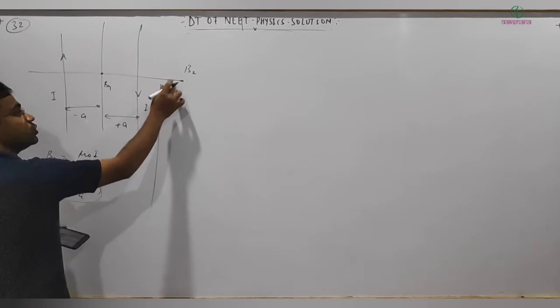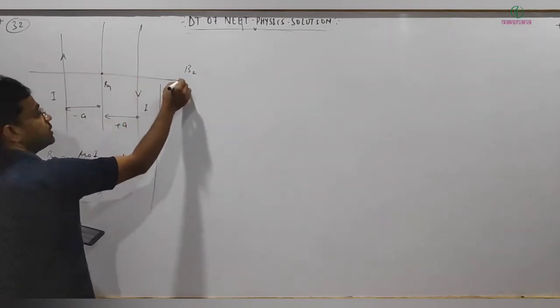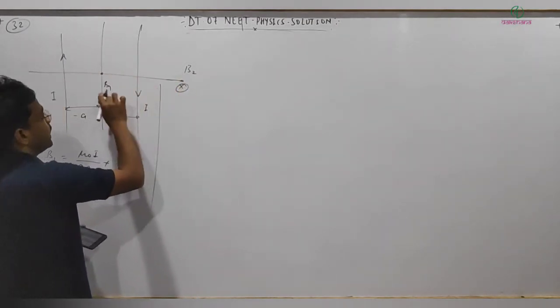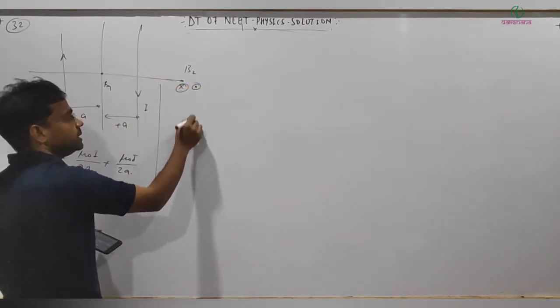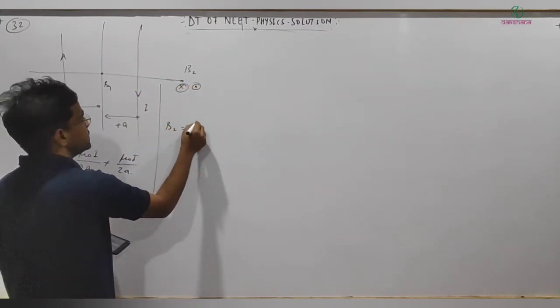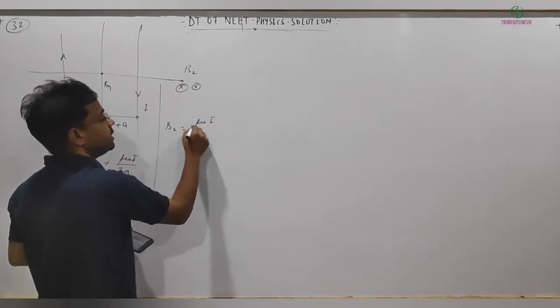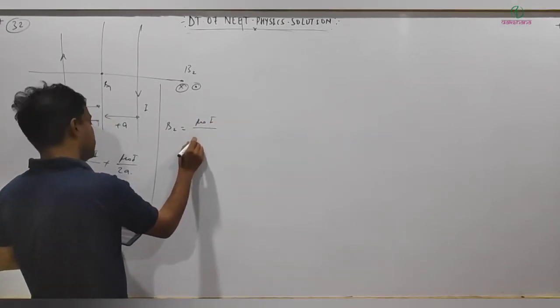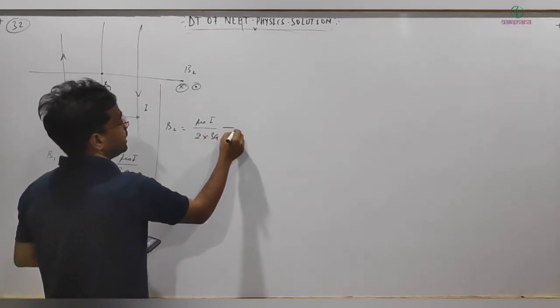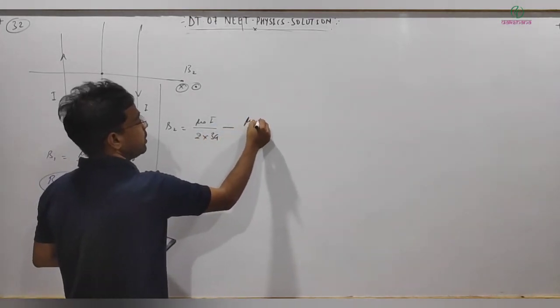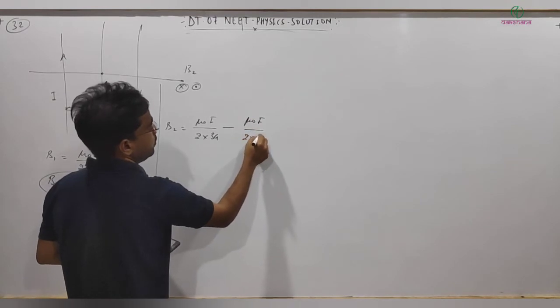And B2: magnetic field due to this will be inward, and magnetic field due to the other will be outward, so B2 can be written as mu naught into I by 2, into distance 3a, minus mu naught into I divided by 2 into a.